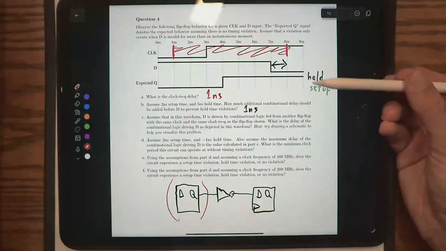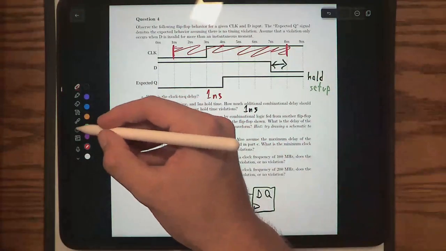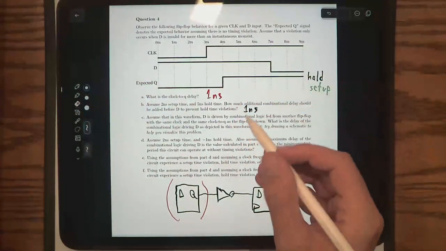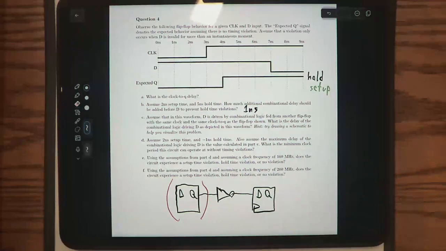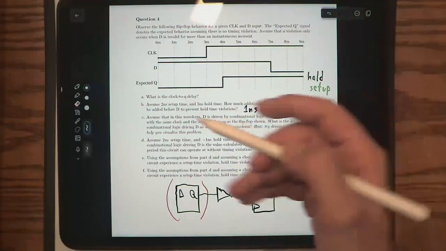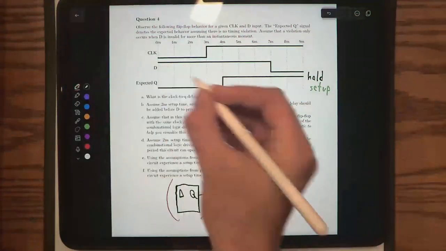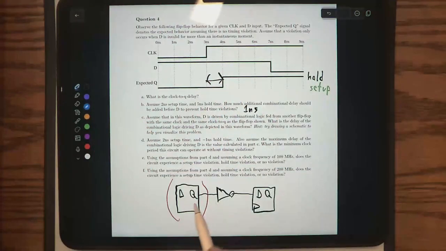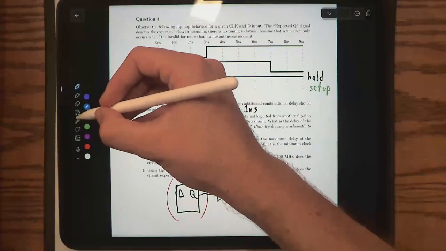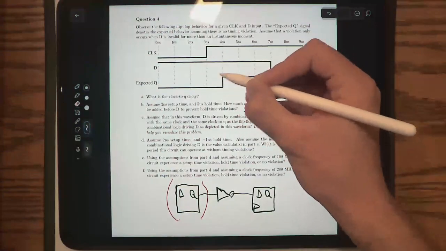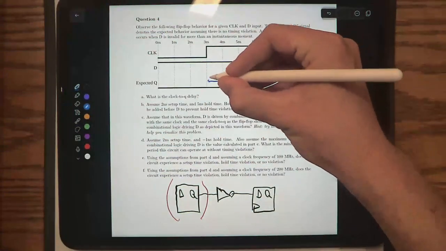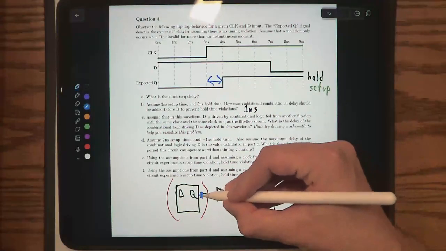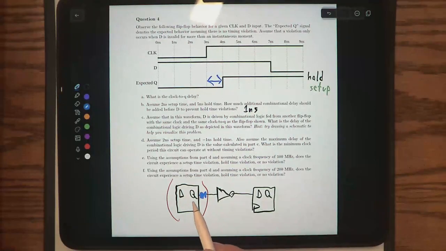Well, what we can do is look at these signals up here. What is the clock to Q again? The clock to Q is just 1 nanosecond. So starting out, it takes 1 nanosecond for it to leave the flip-flop.